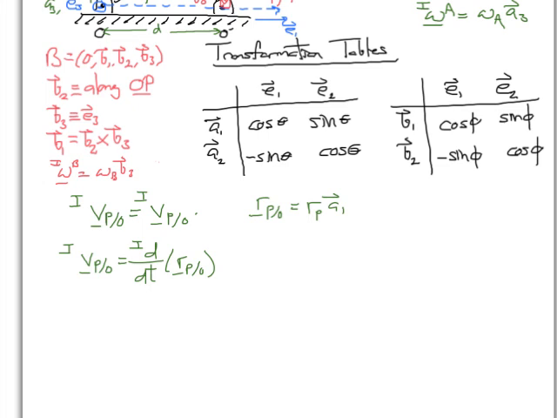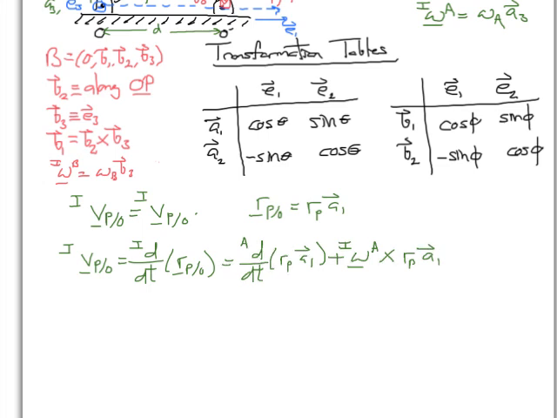And so this is equal to the time derivative as observed in reference frame A of that same vector. So that'll be the time derivative of r sub P in the A1 direction plus omega A as observed in I crossed with the position vector r sub P in the A1 direction.